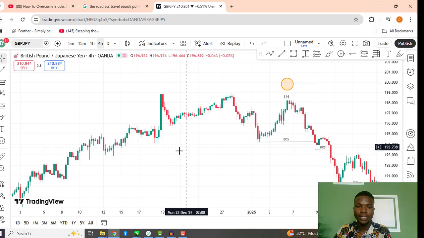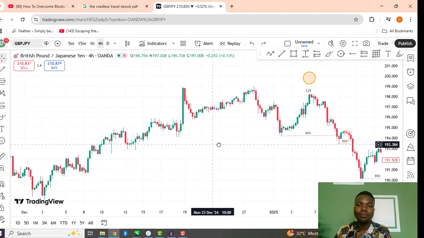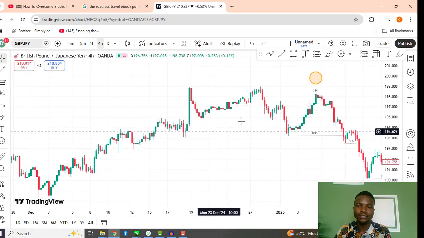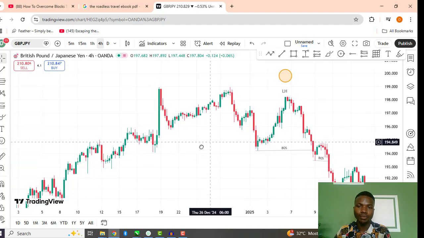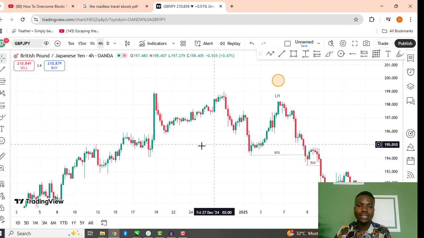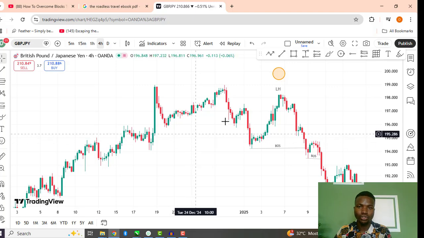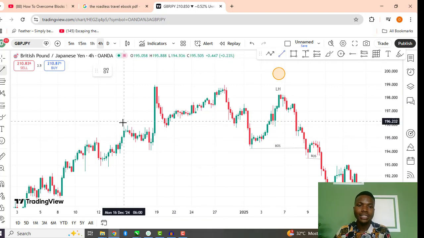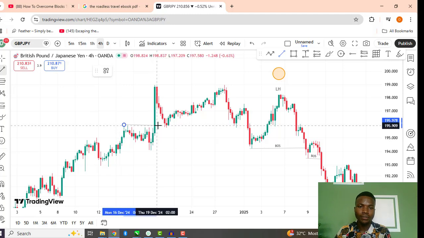So now follow me. For us to determine how price moved to the downside, considering this movement, we want to consider the last break of structure. Where is our last break of structure? Our last break of structure is this level right here.